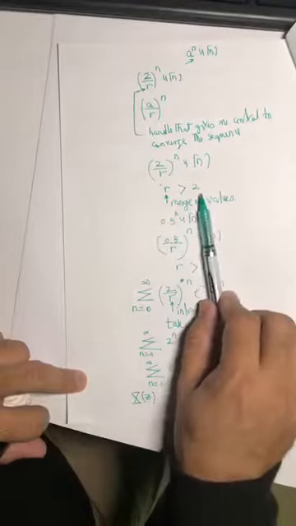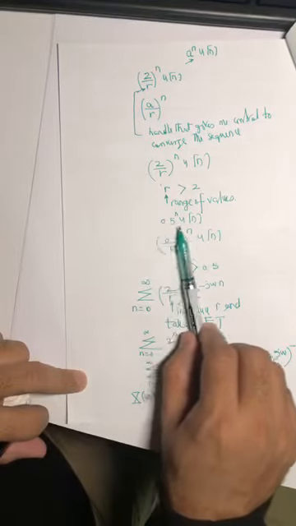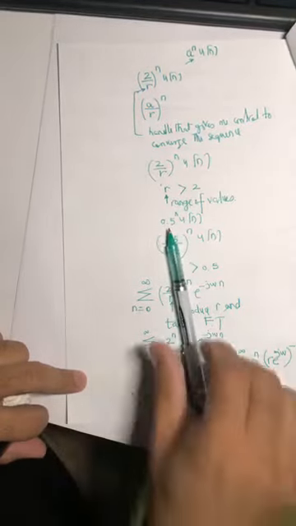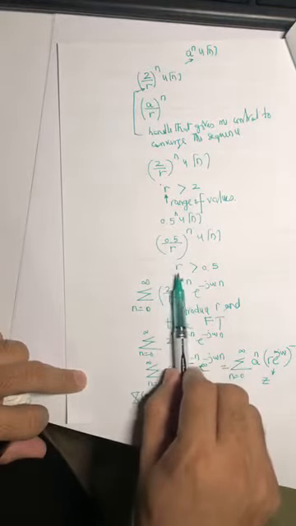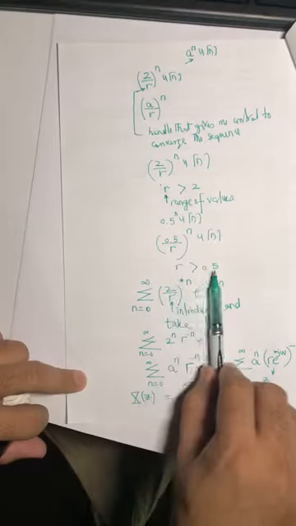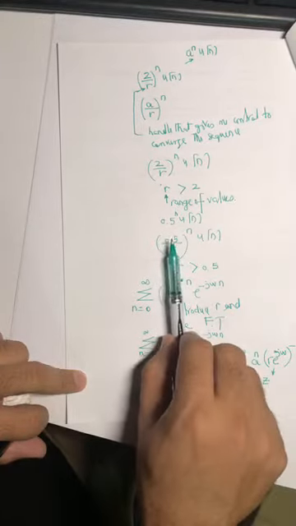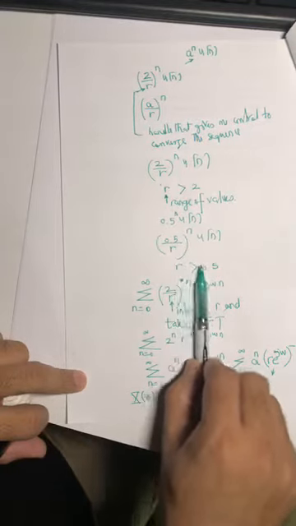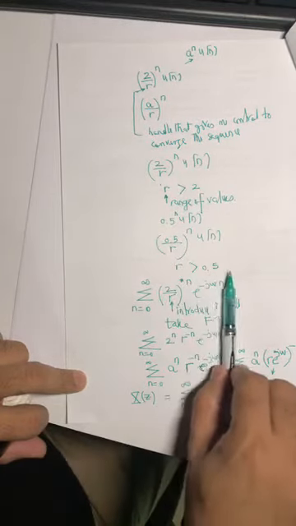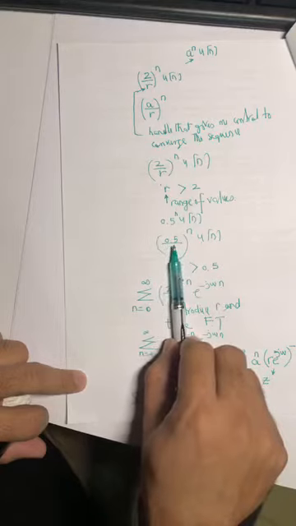There may be a sequence which is already converging, but because we have now introduced an R, we still need to find the range of values of R for which an already convergent sequence will remain convergent. So we say any value of R which is greater than 0.5 is going to keep the sequence converged.